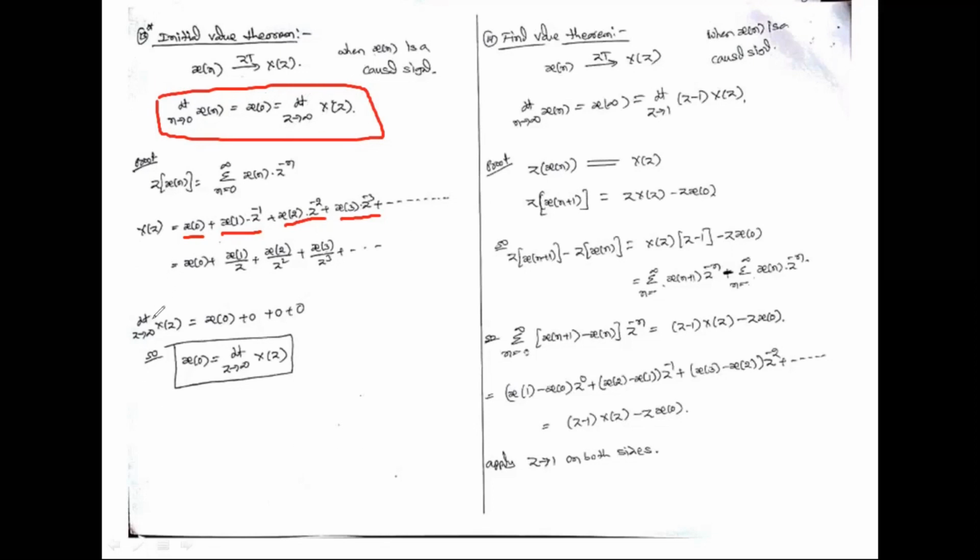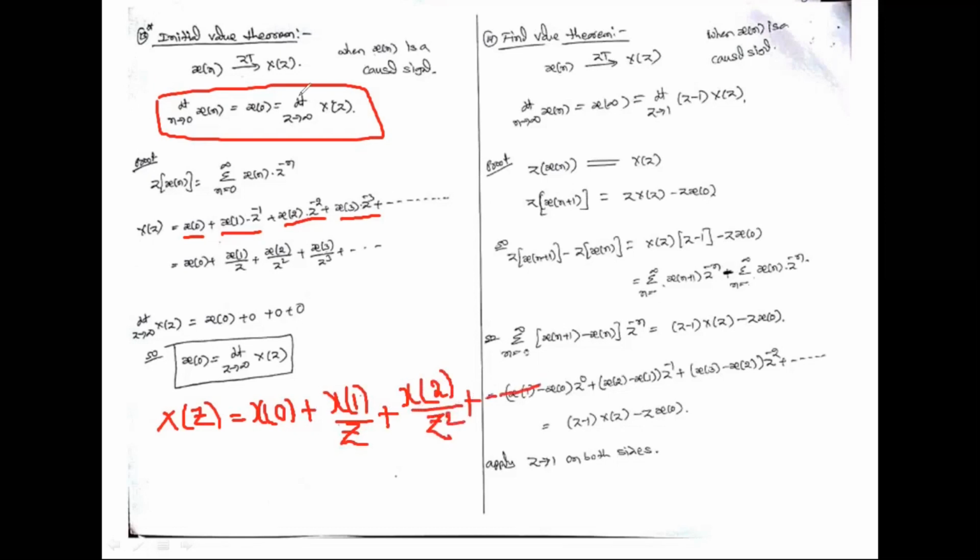So now I am taking the left hand side, we have x of z. So apply the limit z tends to infinite x of z and substitute the infinite in this equation: x of 0, x of 1 by infinite, x of 2 by infinite. So what is x of z? We got x of z is equal to x of 0 plus x of 1 by z plus x of 2 by z square, and so on.